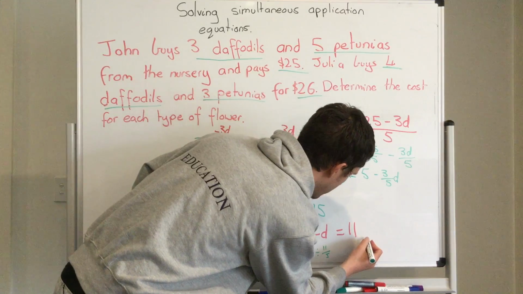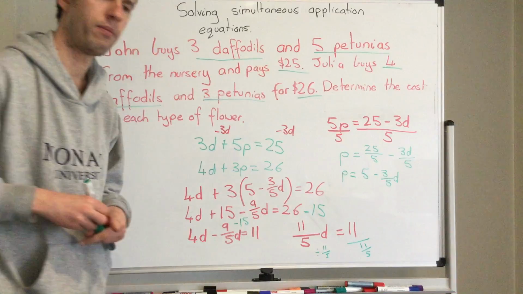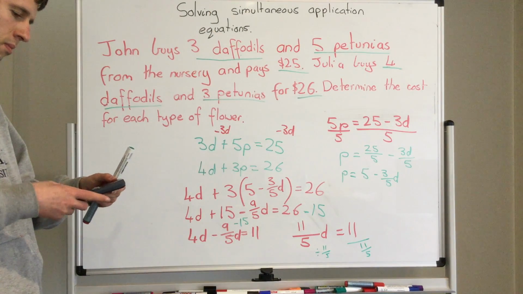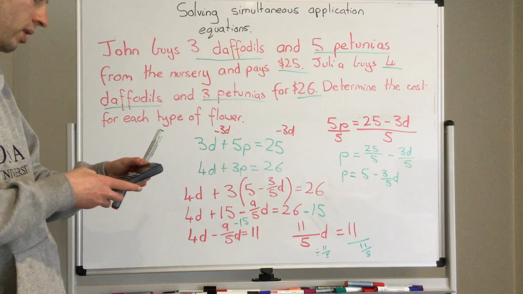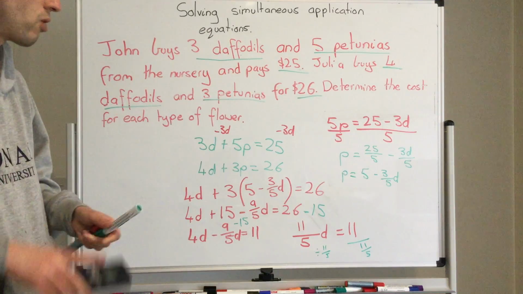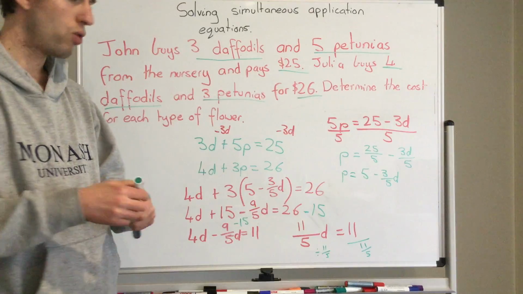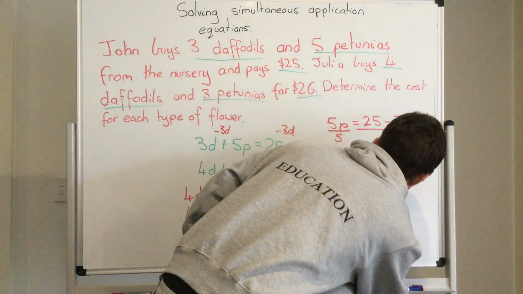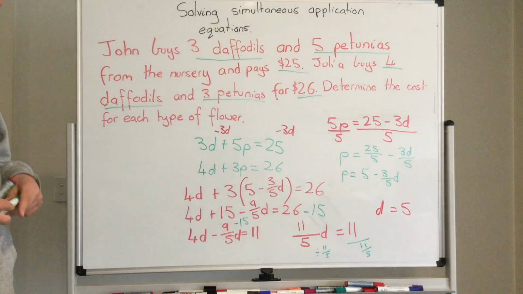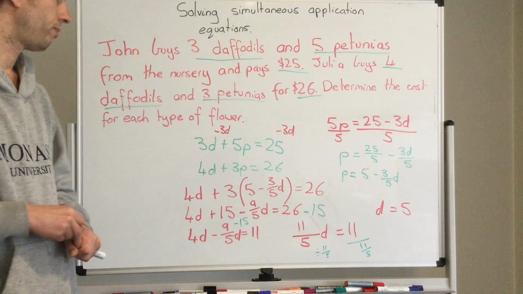If we do that, 11 divided by 11 over 5 is 5. So that means D is going to equal 5. D equals 5. So if D equals 5, what does P equal?